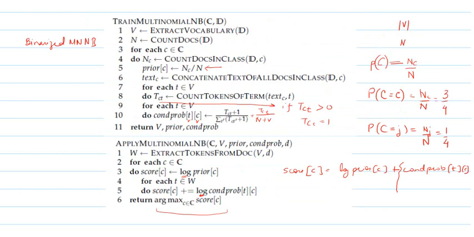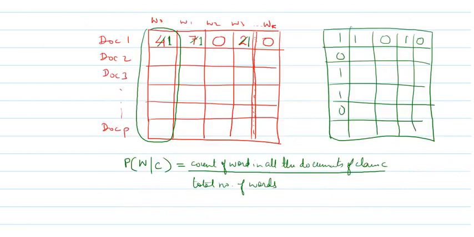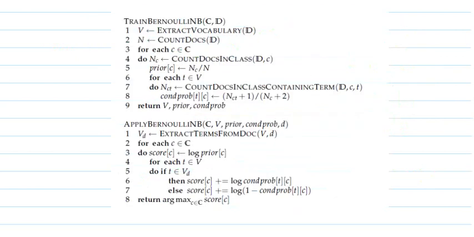So we have the count of the word in all the documents of class C divided by the total number of words. So this is again the same thing: count of the term T in class C divided by the total number of words in that class C.